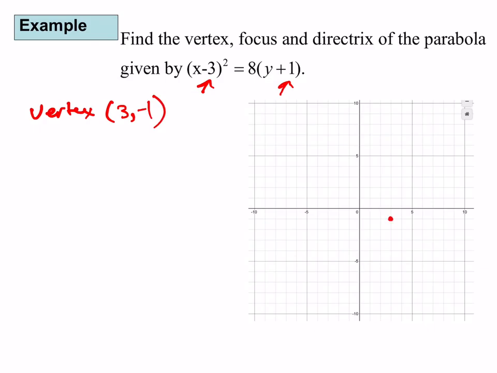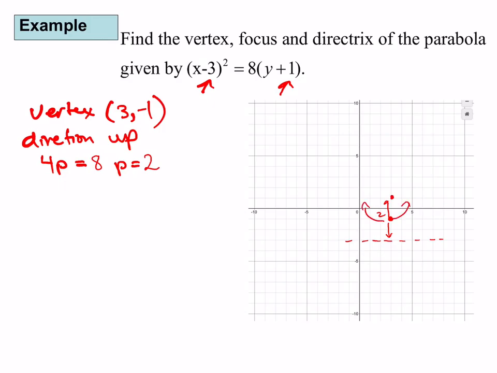And then we know the direction of this one is x squared and it's positive, so it's up. We know 4p equals 8, so p equals 2. So if we go 2 units up, we get the focus, and if we go 2 units down, we get the directrix.